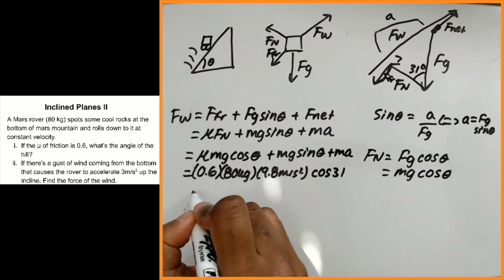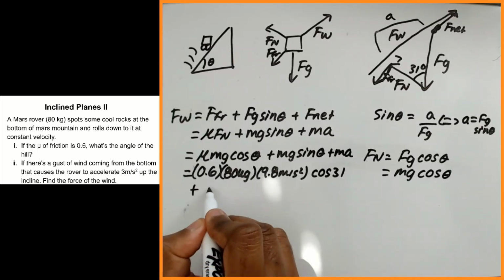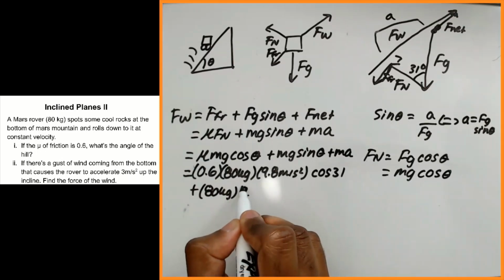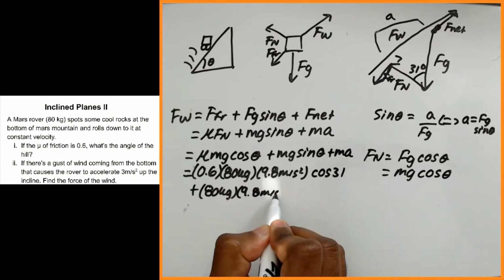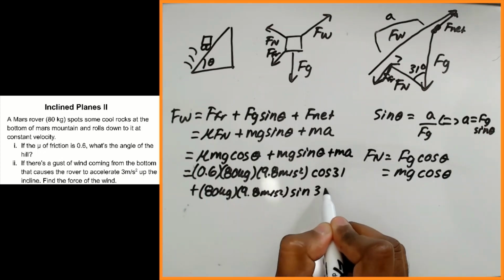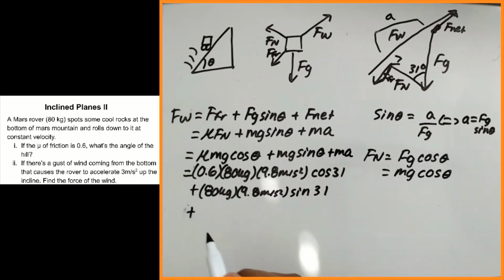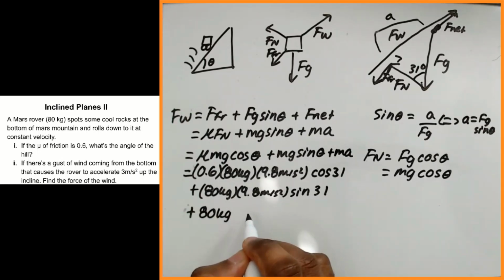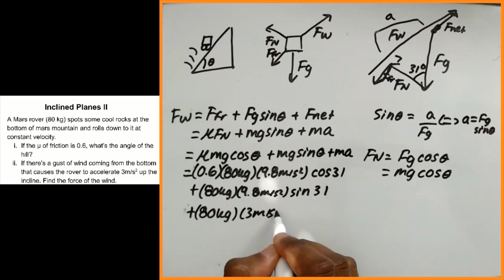It's going to get a bit messy. Plus, once again, 80 kilograms times 9.8 meters per second squared times sine 31, and then plus ma, which is 80 kilograms again, times 3 meters per second squared.